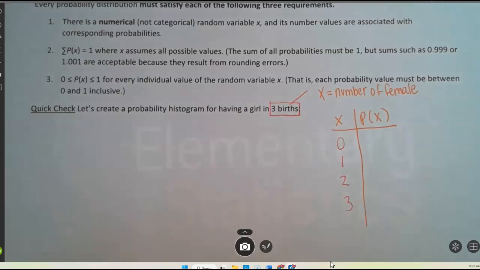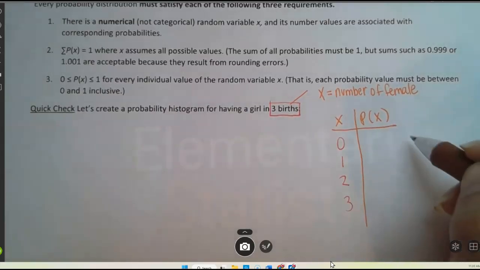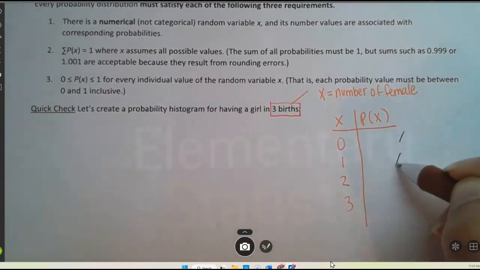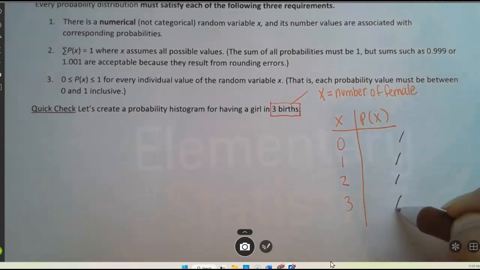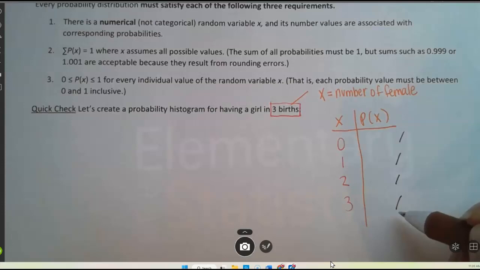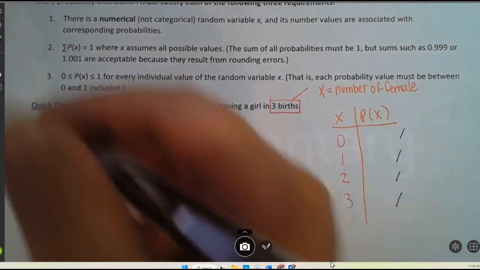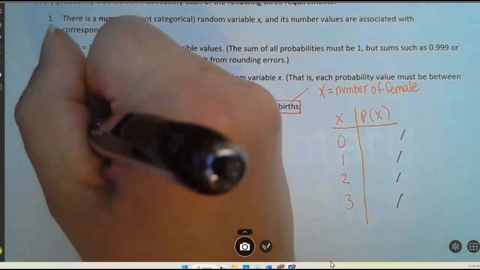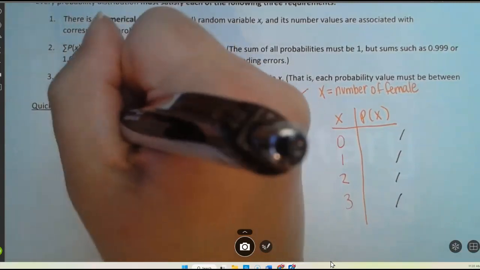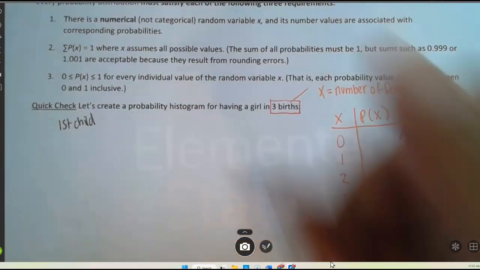To calculate the probability of that, I would need to know what the total possibilities are. And so if you're doing this quickly, you would do a chart that would have tree diagrams starting with first child and then second child and then third child.